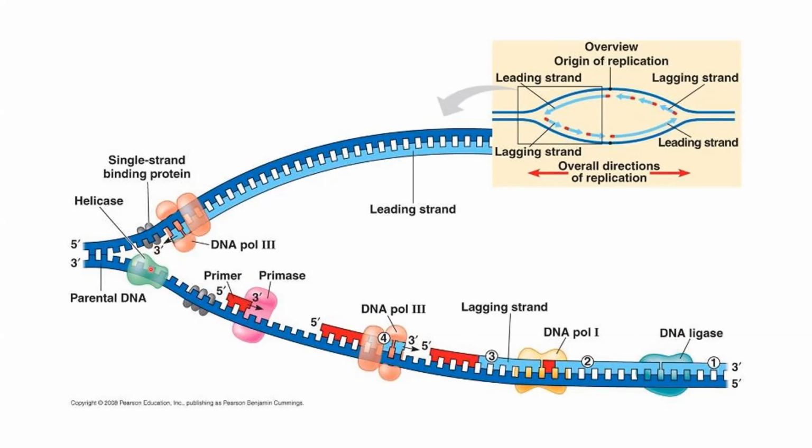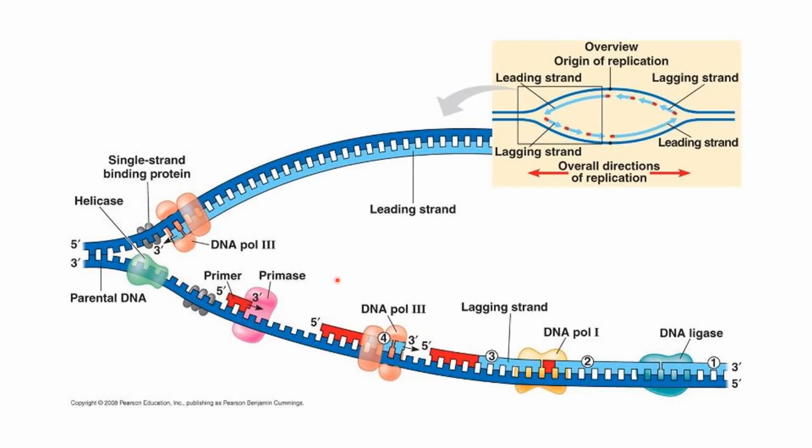This enzyme shown here, helicase, is going to come in and basically unzip this parent DNA so that it creates what is called a replication fork. It's going to open up and create a bubble, or replication fork.